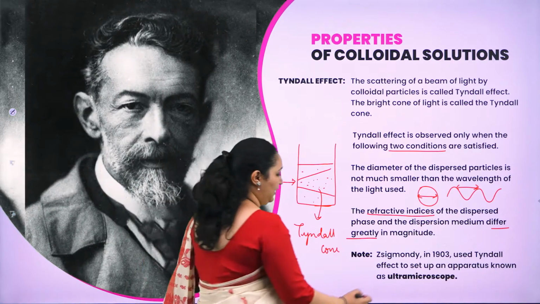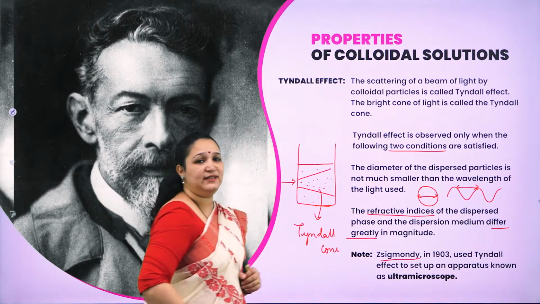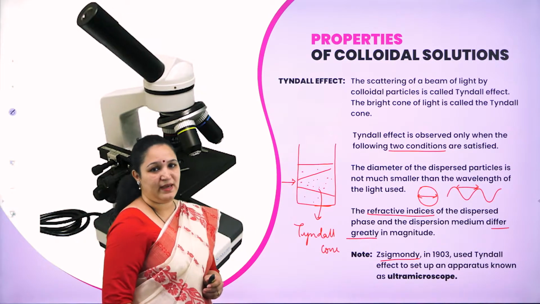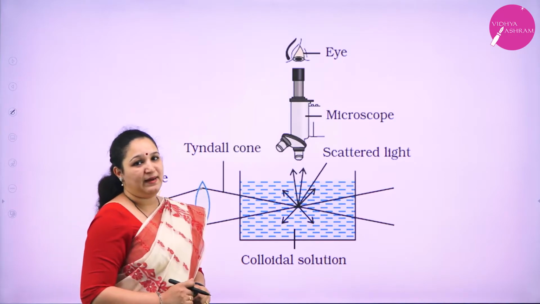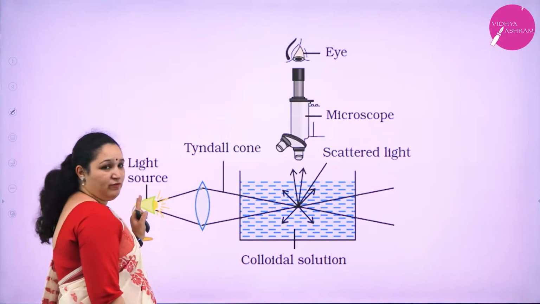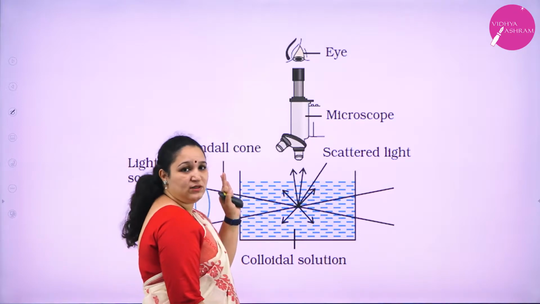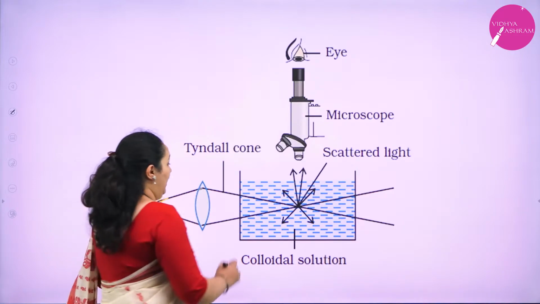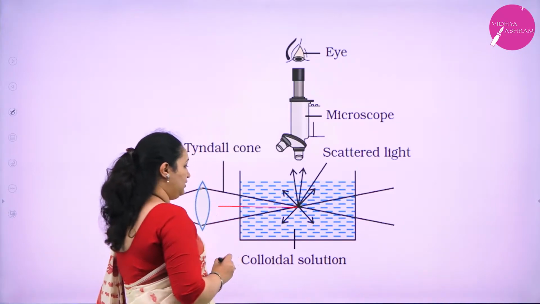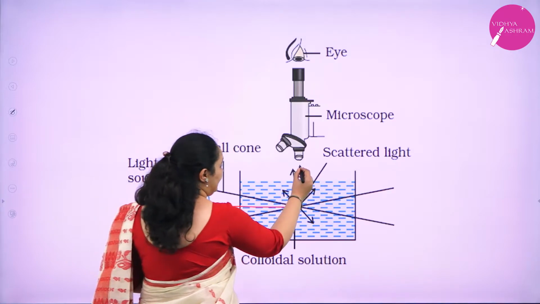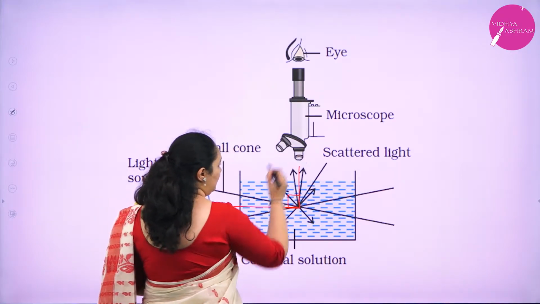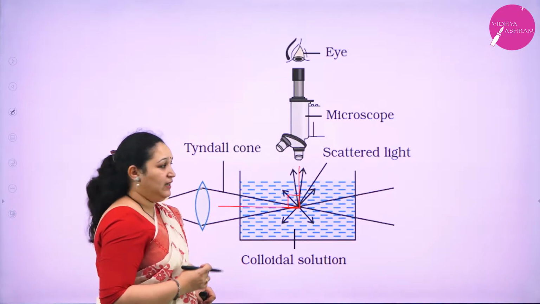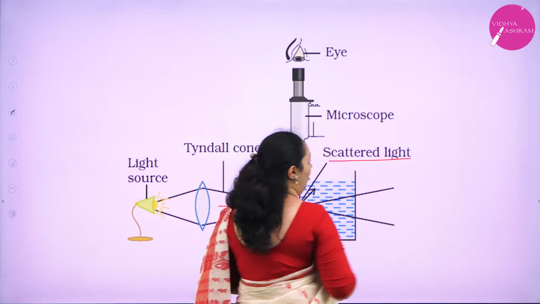In 1903, Zsigmondy used Tyndall effect to set up an apparatus called the ultra microscope. In this apparatus, there is a source of light which is focused on the colloidal solution taken in the glass vessel. At right angle, in the microscope, when it was observed, he could see there is scattering of light.